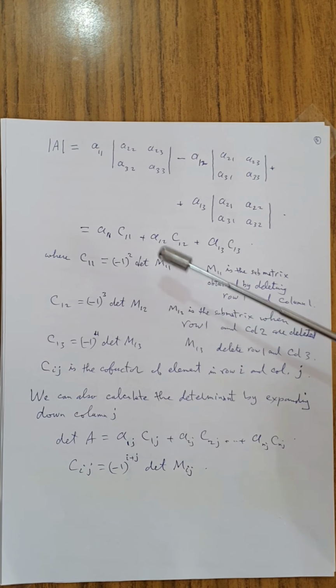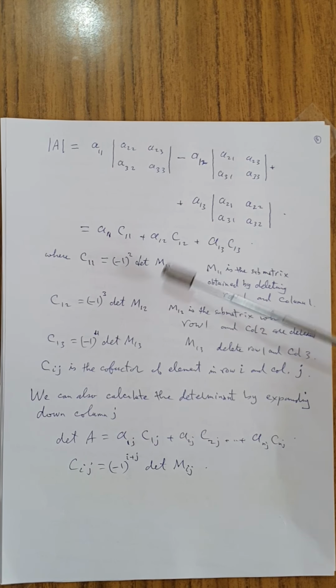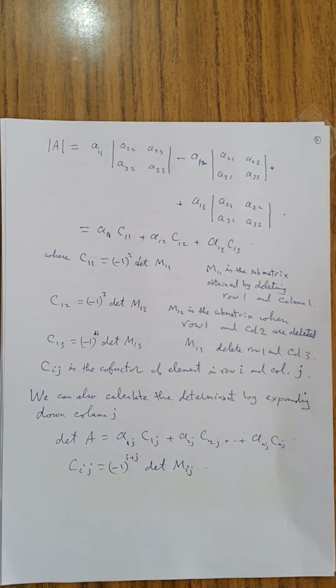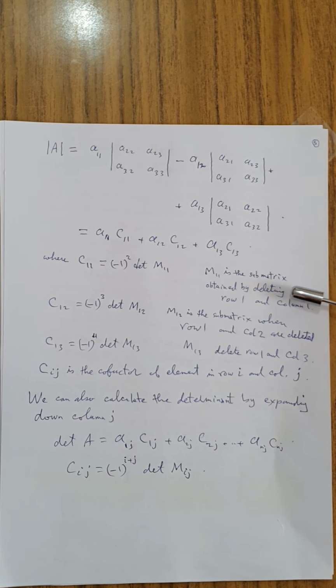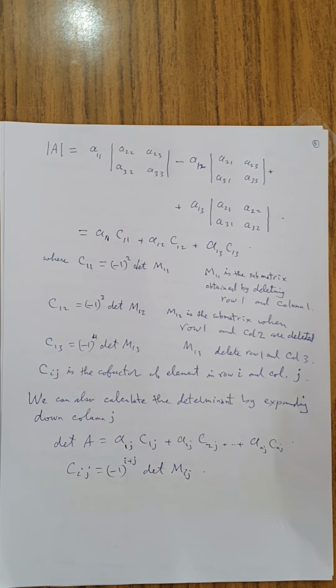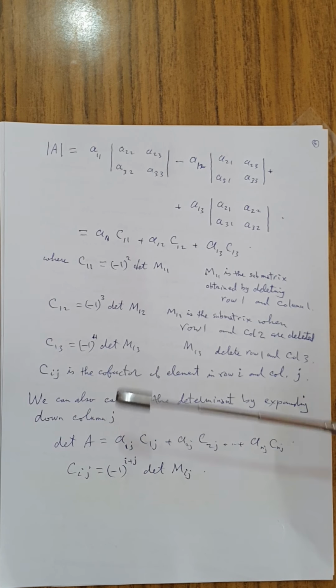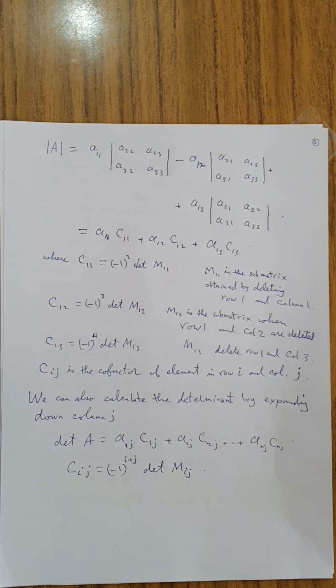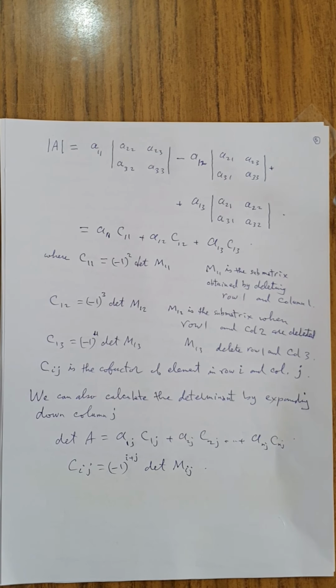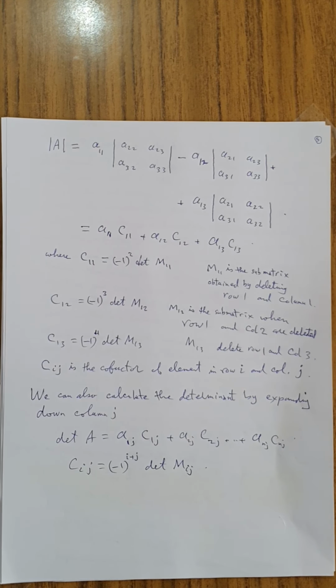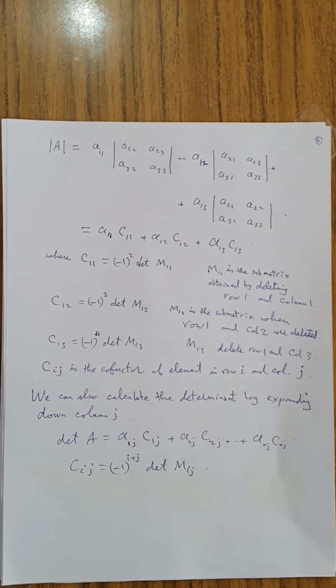C11 is minus 1 to the power of i plus j, which is 2, times the determinant M11, which is the submatrix obtained by deleting row 1 and column 1. C12 is minus 1 to the power of i plus j, which is 3, minus 1 to the 3 is minus 1, times determinant M12, which is the submatrix when row 1 and column 2 are deleted.